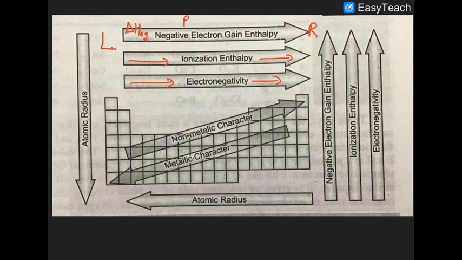I am repeating once more. In a period, electron gain enthalpy increases, ionization enthalpy increases, electronegativity increases. But if we move down, all these properties will decrease.